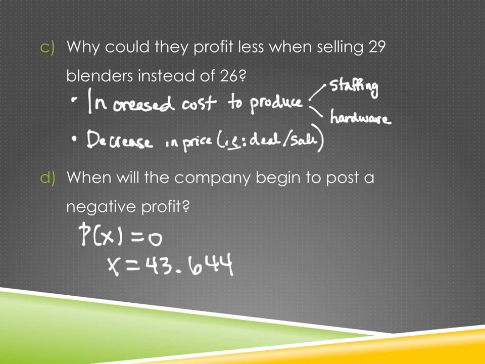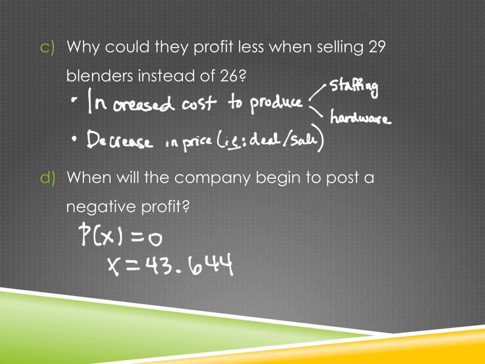I mean, that's the calculated value. But what is it calculating? What is x? Blenders. So if I write down 43.644 blenders, there's something wrong with that. You can't sell 0.64 of a blender, right? That doesn't work. So we need to figure out, do we round up or do we round down?